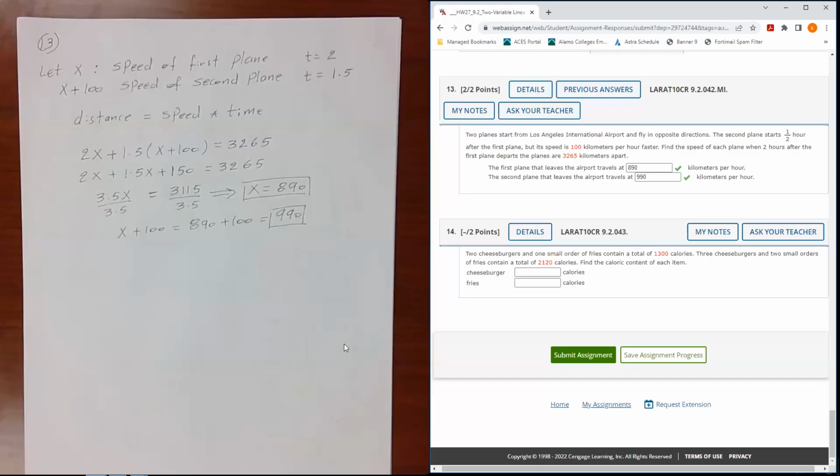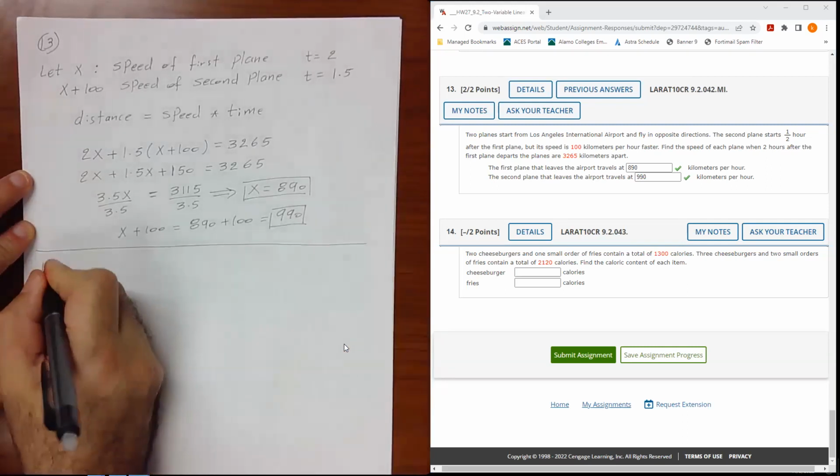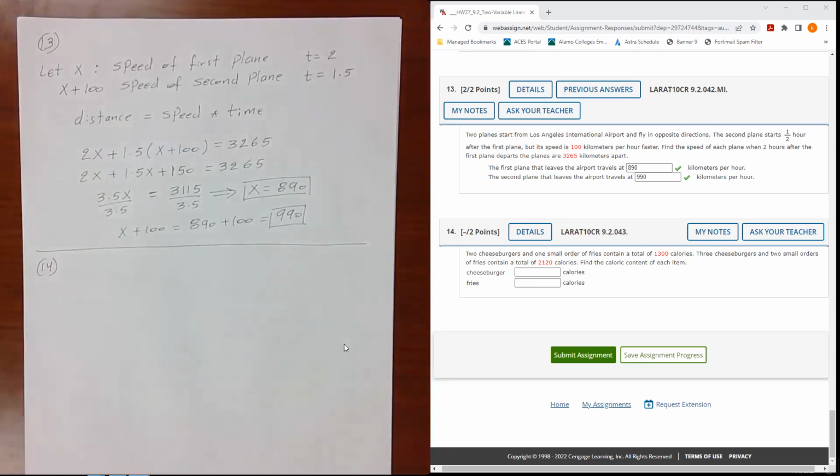You got it right. Let's move to the last question, question 14. They tell you 2 cheeseburgers and 1 small order of fries contain a total of 1,300 calories.